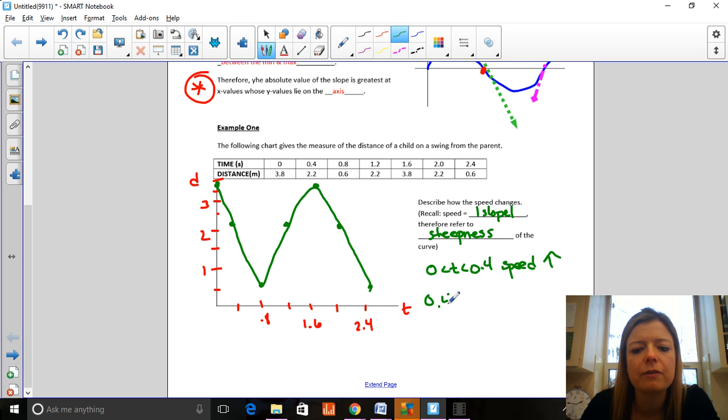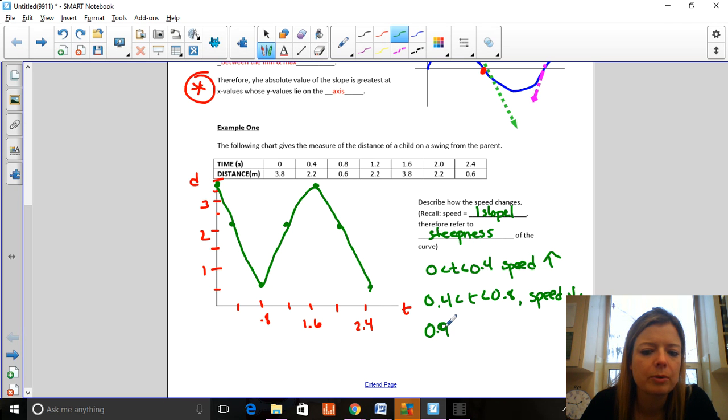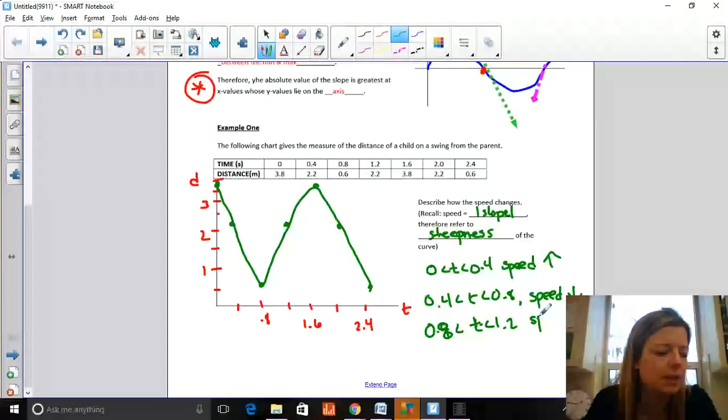Now from 0.4 to 0.8 seconds, the speed is decreasing, because the slope of the tangent would get less and less as it approaches the minimum. So between 0.8 and 1.2, the speed is increasing again.